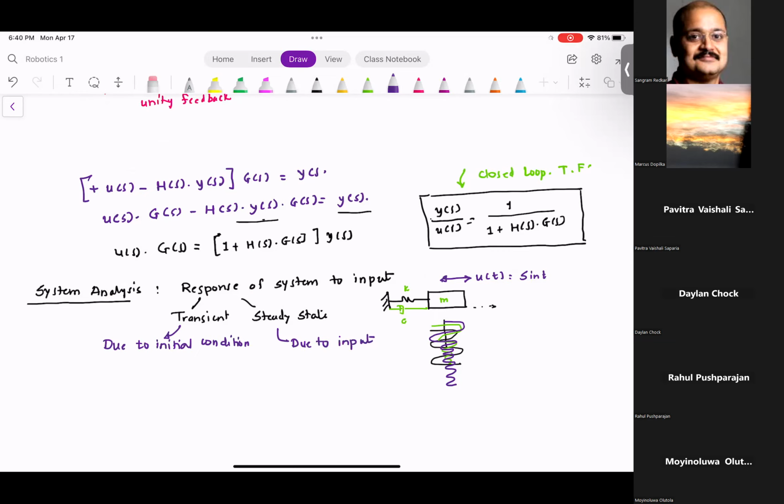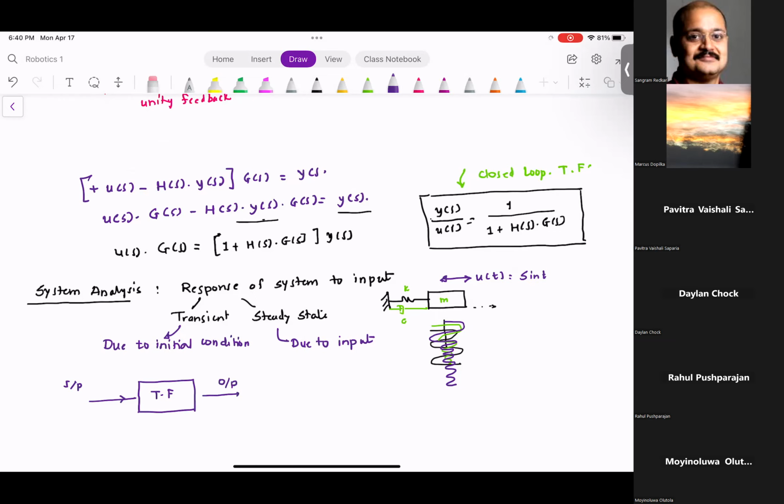Now, if you are looking at a linear system, the important part of the linear system response is the magnitude and phase. Let me show you what that means. Say you have a linear system, which means you have a transfer function, and there is some input to this transfer function, and then there is some output.